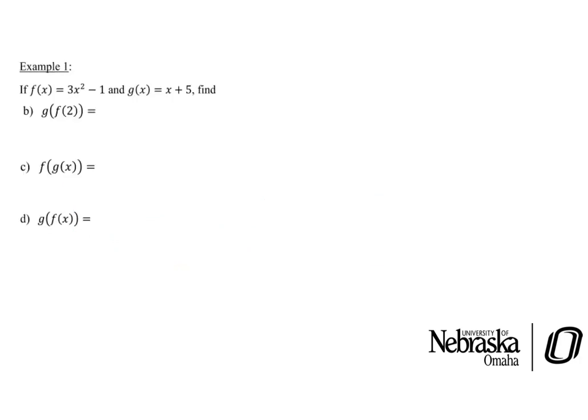Part B is similar. We're asked to find g of f of 2. So we would first find f of 2 and then plug that into the function g. So I'm going to do it off to the side. To find f of 2, we plug 2 in for the x in function f.